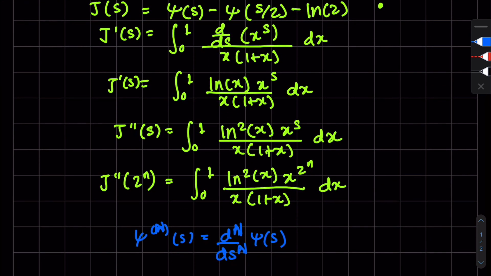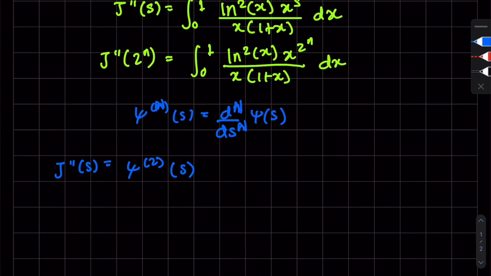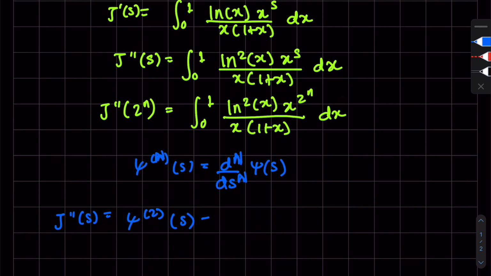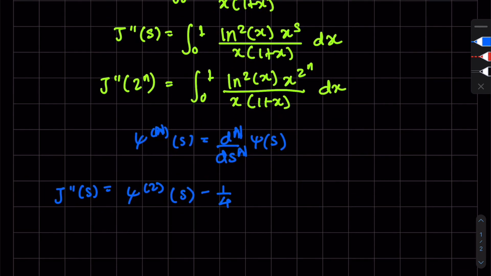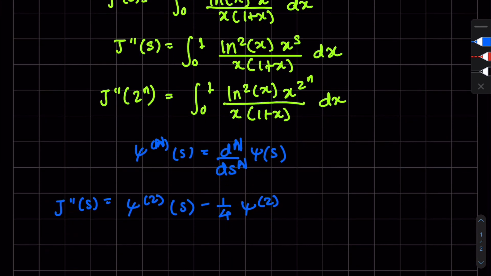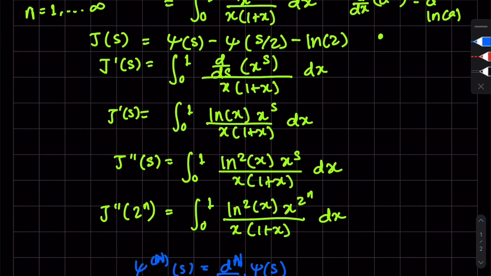Minus, well, we have to do a little chain rule here. When we differentiate once, we have to divide by 2. We differentiate twice, we have to divide by another 2. So that becomes a 4. This is just the chain rule, because we have s over 2 there. We need to account for that 2 twice. And the natural log of 2 is a constant, so just a first derivative would get rid of it.